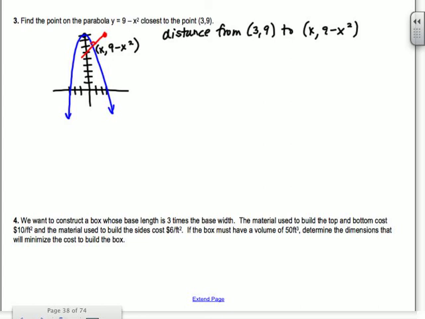So how do I represent the distance from (3, 9) to (x, 9 minus x squared)? How do I do distance in math? The distance formula, right? Here's what it looks like, in case you've forgotten.